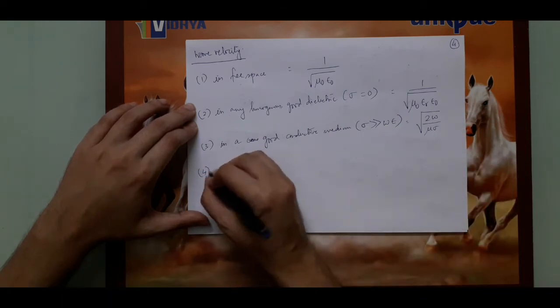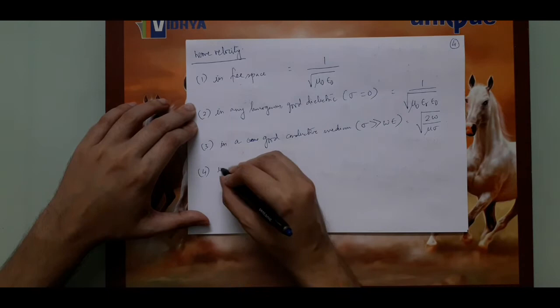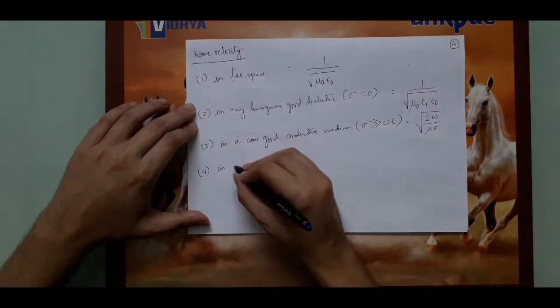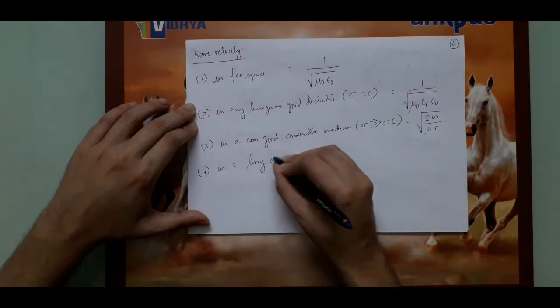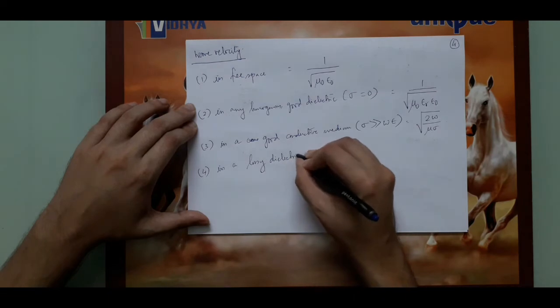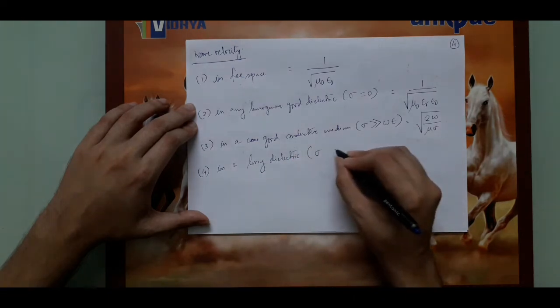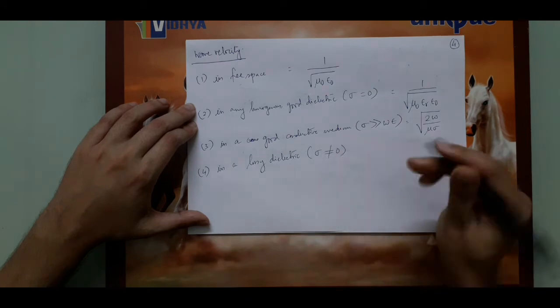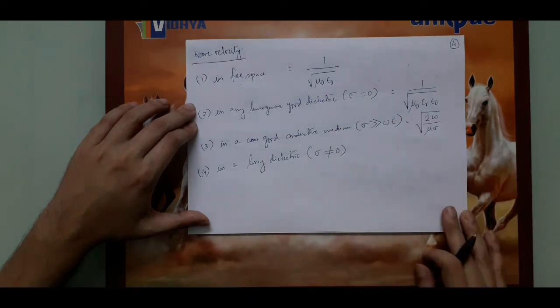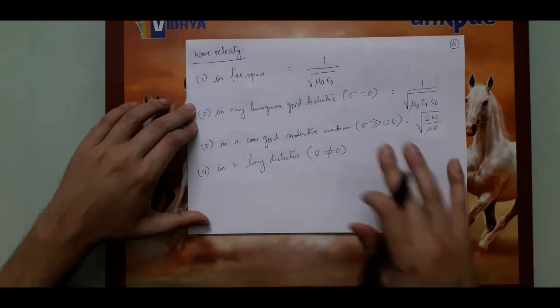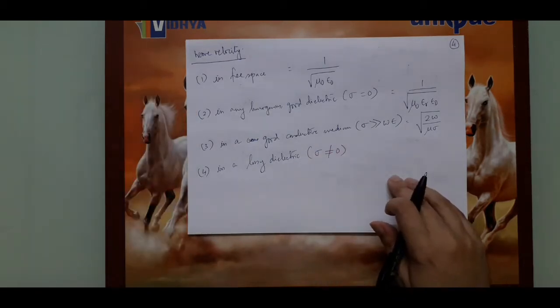Fourth, in a lossy dielectric, that is sigma is not equal to 0, but it is not very large also. So it has both dielectric and lossy properties.